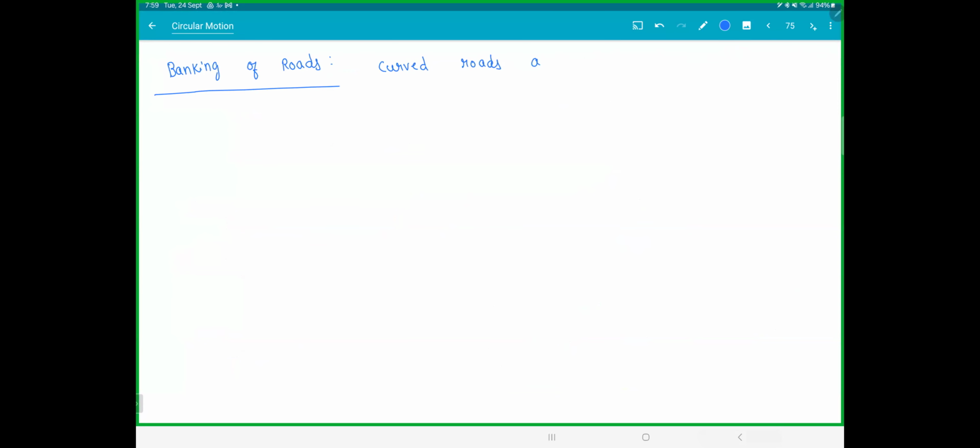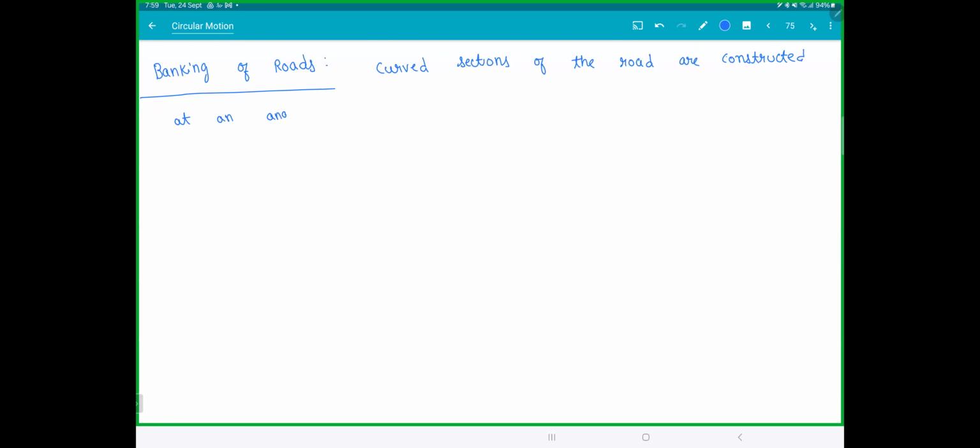the curved sections of the road are constructed at an angle theta with the horizontal.